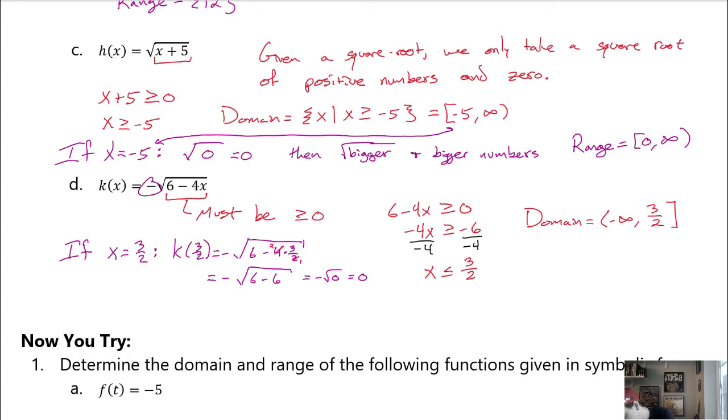But because this is negative, we get that the range is all the numbers that are less than or equal to 0, because we're negating all of the square root values. So the square root values can get bigger and bigger, but then we negate them. So we negate all square root values.